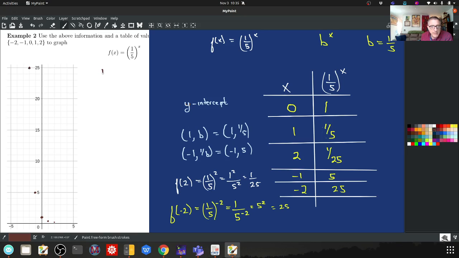So you can see it's going to be a function that looks something like that. I won't try to draw anymore. If you want to see exactly what it looks like, go to GeoGebra. But we already know it's a decreasing function because b is between 0 and 1. Specifically, it's 1/5.